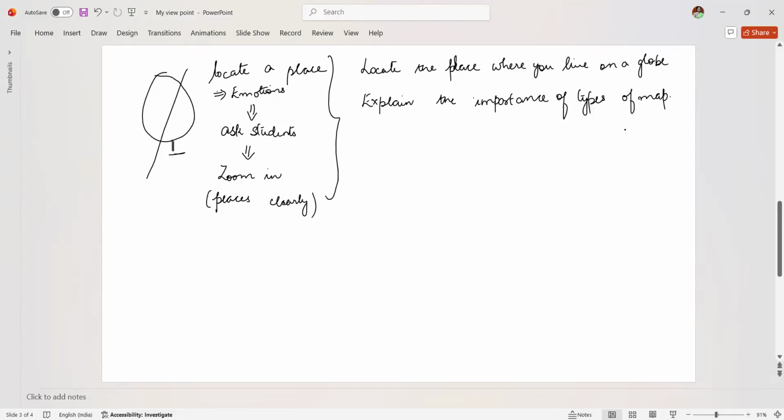For example, we have a body. In science, we teach digestive system separately, circulatory system separately, muscular system separately. So it's the same body, but we teach systems separately because we are studying about that in depth.